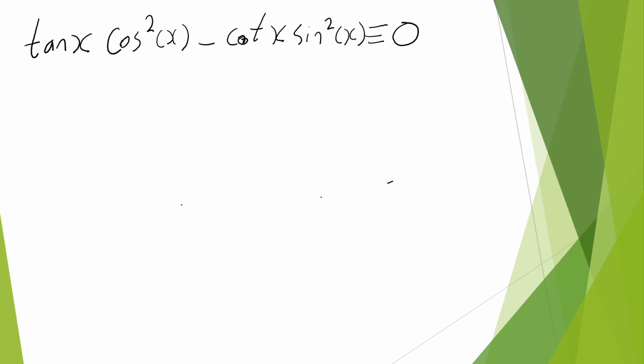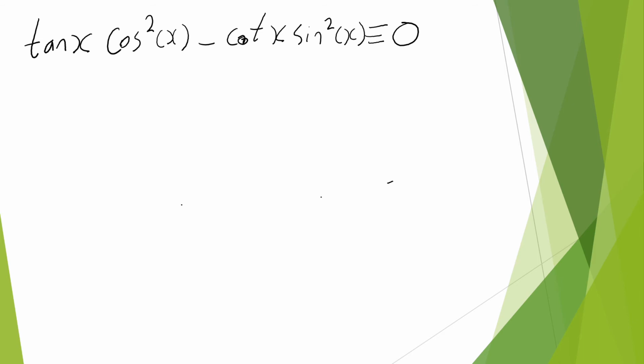So now you're trying to use your trig identities to simplify. I've got cosine square and sine square, and I've got tan and cot. Remember the first rule we spoke about: changing everything to sine and cosine. I know tan is sine over cosine, and cot is the reciprocal of tan, so it will be cosine over sine.